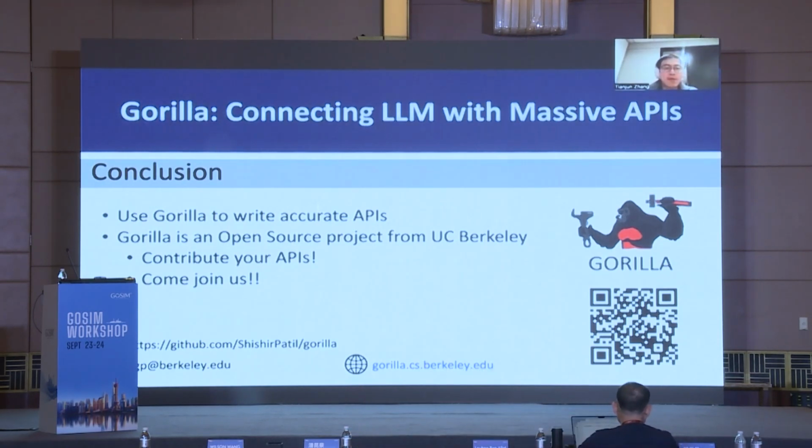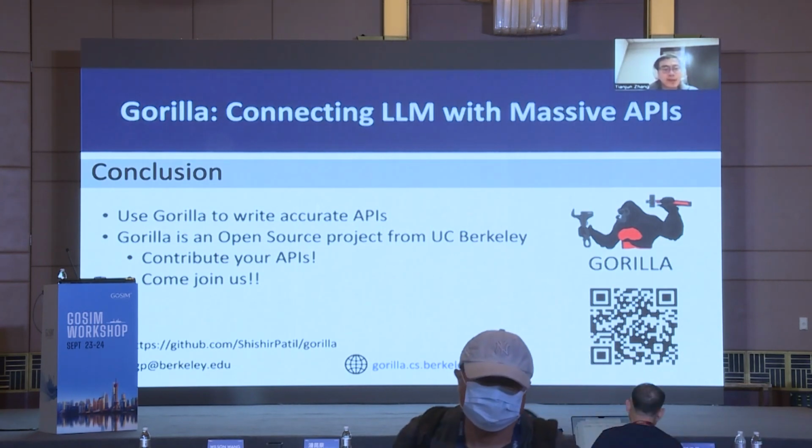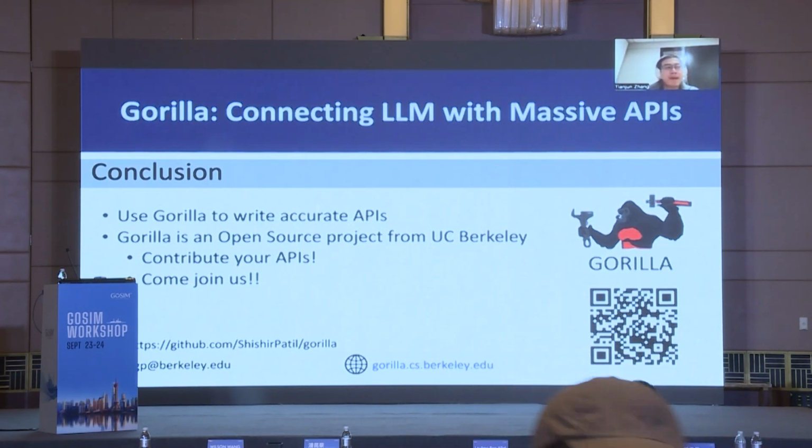And also, Gorilla is an open source project from UC Berkeley. You could easily contribute your own APIs. You could train your own Gorilla model with your own datasets. And this is completely commercially free. Please come and join us if you are very interested. And on the bottom line is our contact.